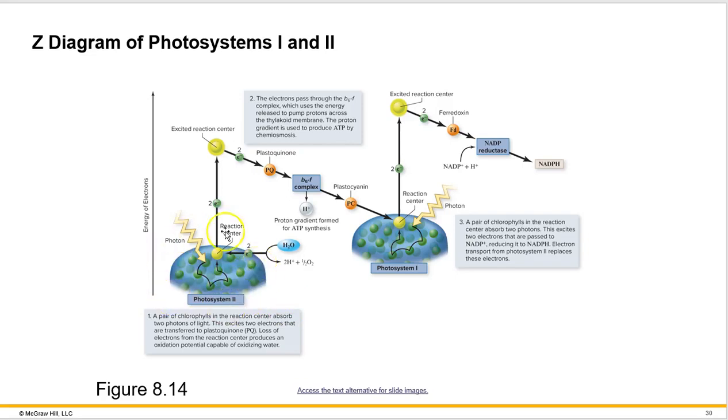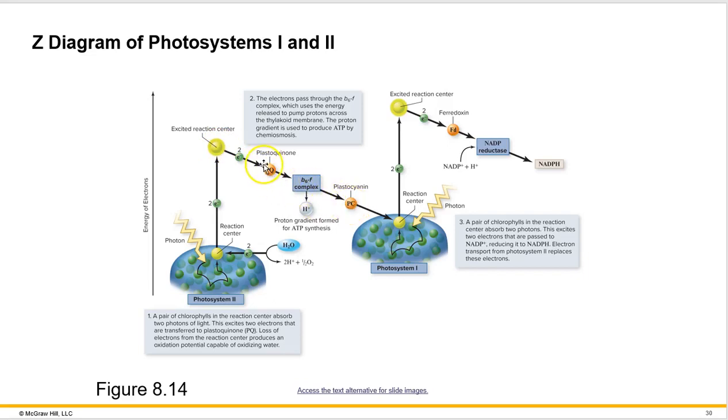So here's photosystem 2. It receives a photon of light, which excites those electrons. Those electrons get passed to the reaction center, where they will pass those electrons on to an electron transport chain.